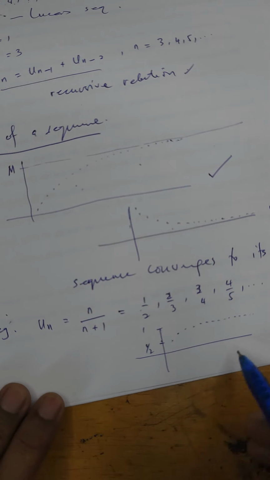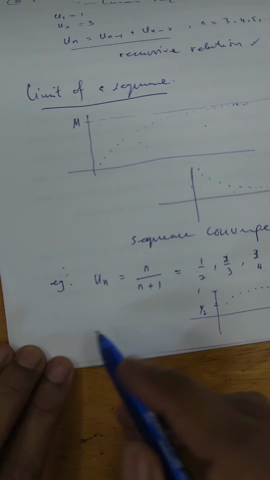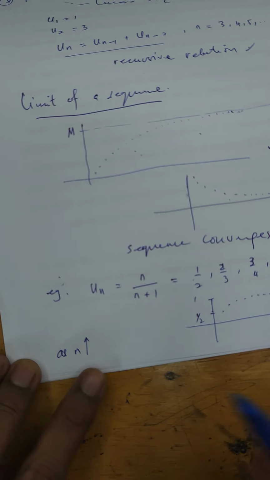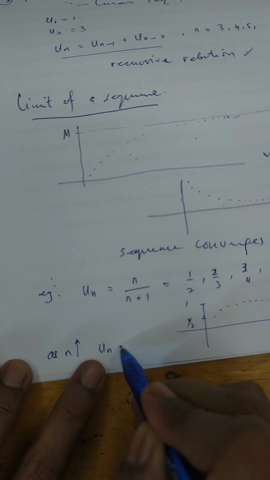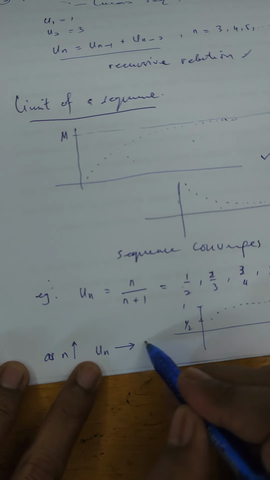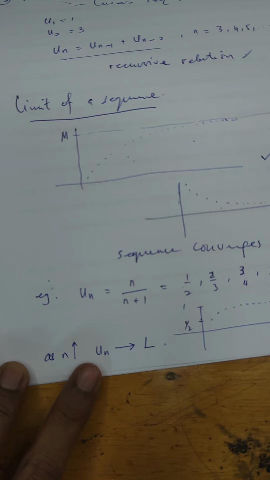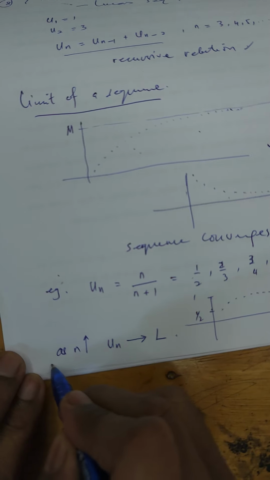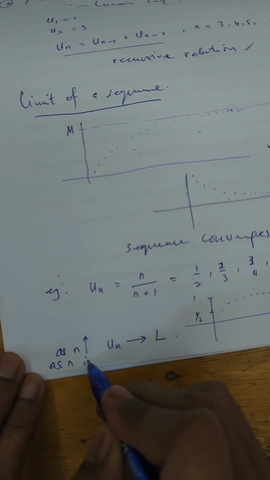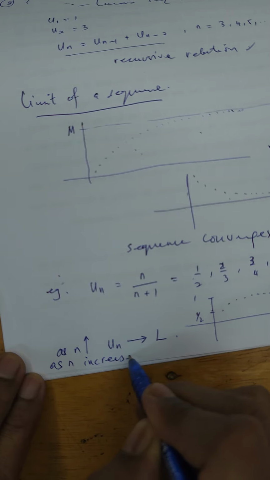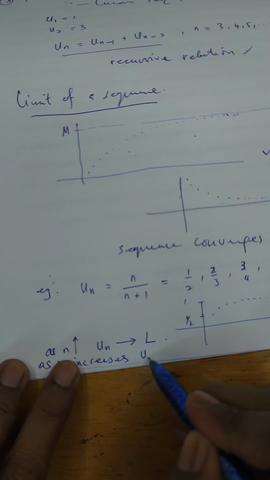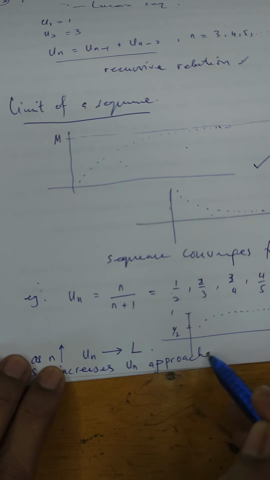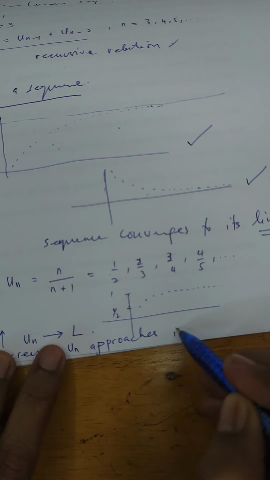As n increases, the sequence un converges to its limit. Let's call that limit L. So let me write this in words: as n increases, un approaches its limit.